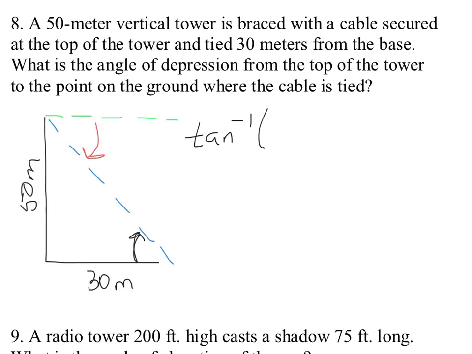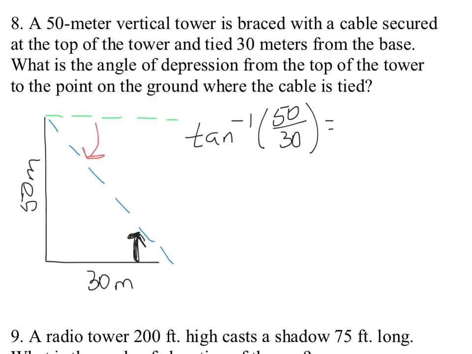So side opposite in this case is going to be 50, because 50 is the side opposite of this angle right here. Okay, and since this angle is the same as my angle of depression, then I'm going to use 50 over 30 as my ratio. So 50 over 30 is going to be my tangent.